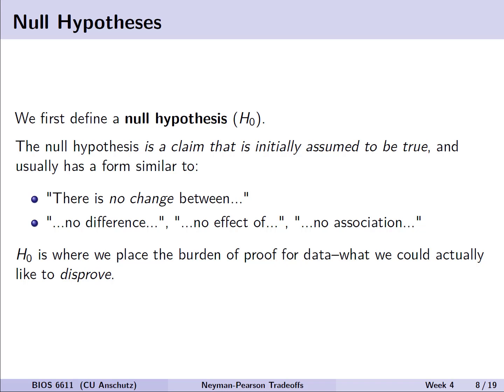So we have most of the time this hypothesis stated in a null way where there's no difference. H naught then is where we place the burden of proof for our data. It's what we would actually like to disprove in practice based on the data we collect.